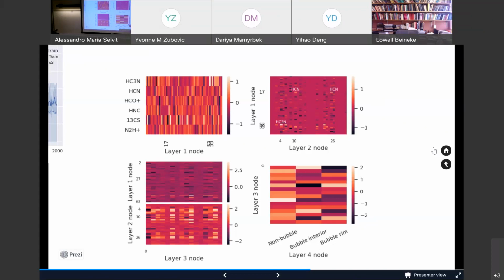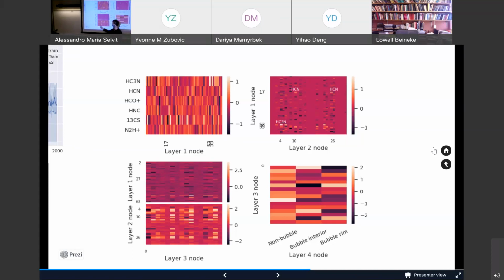It does so using a weighted sum of the previous layer. You can visualize each of those weights, each of those numbers, as a color, and these would be the resulting colors that create the weighted sum to predict bubble rim. The strongest, the most negative in this case, is associated with node 0 of layer 3.